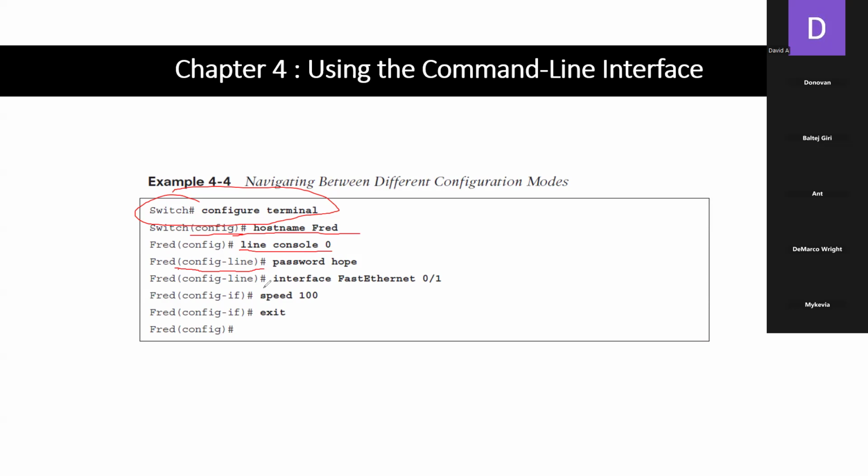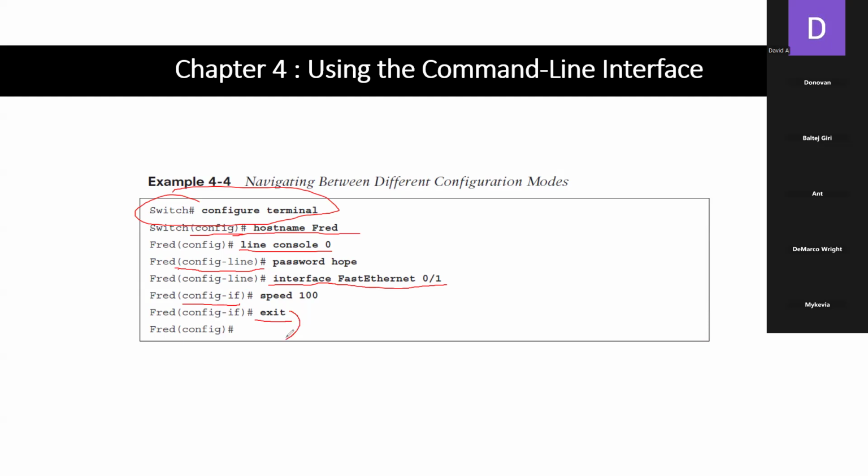But what if we want to go into a different context within configuration, maybe an actual interface? So Don says, I want to go to FastEthernet 0/1. You can do that, and now it tells Don he's in an interface, shown as config-if. Then when Don is done, he can type exit.